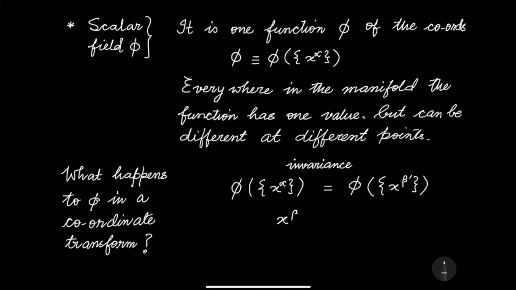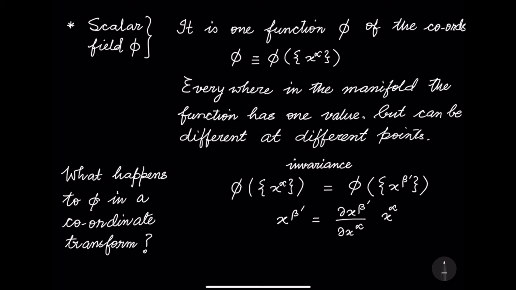Remember that x beta prime transforms in the following way. What you have to do is put in the values of the coordinates of the same point. Phi is calculated at one point in the manifold. That point has certain coordinate components x alpha in one coordinate system, and certain other coordinate components x beta prime in some other coordinate system. If I calculate the value of phi in both coordinate systems for the same point in the manifold, they should be the same.